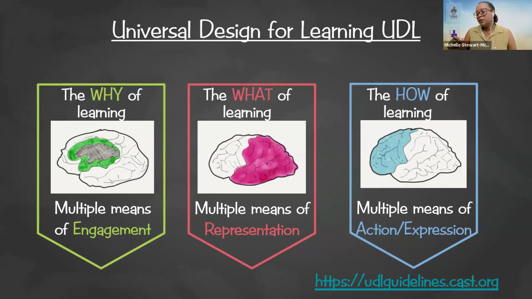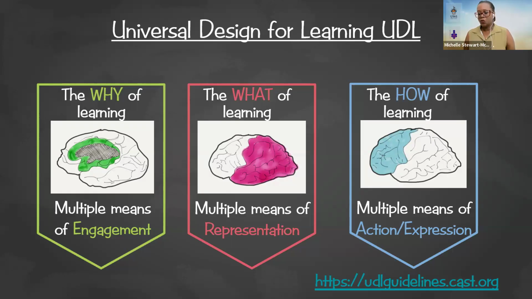Now, 3 key brain networks are involved in learning. So there is the why of learning, and this has to do with engagement. And so the UDL principle says that there should be multiple means of engagement, different ways of engaging the students. All right, so this has to do with the why.